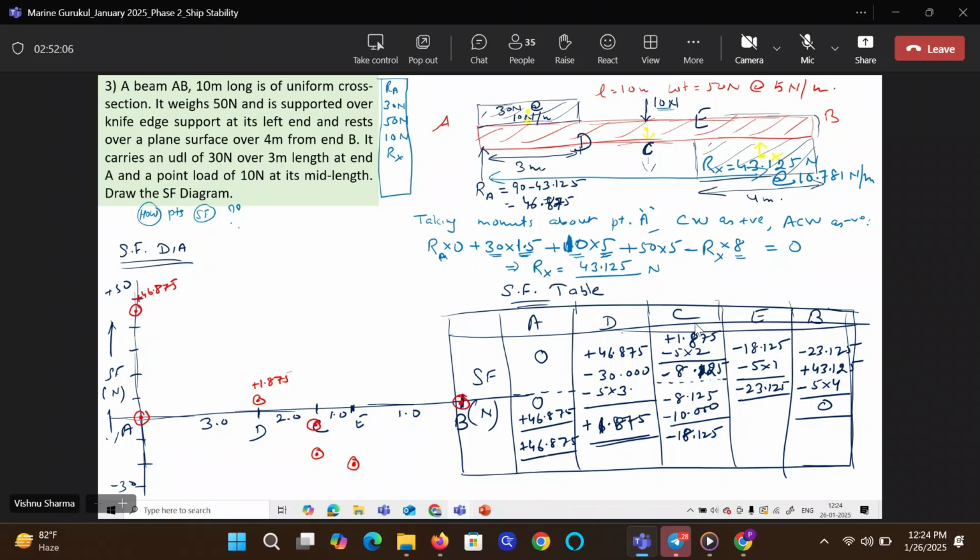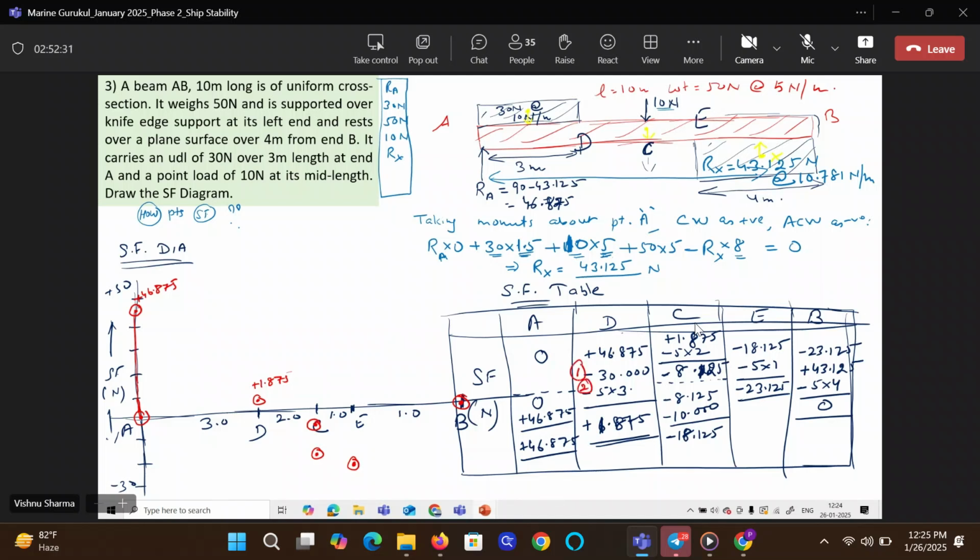At A, it does not need any discussion, 0 to plus 46.9. From plus 46.9, it has to come to this point. Guys, look at the beam diagram. What are the factors changing the SF from A to D? One is the UDL and the other is the weight of the beam. You can see two things coming here in the table also, 1 and 2.